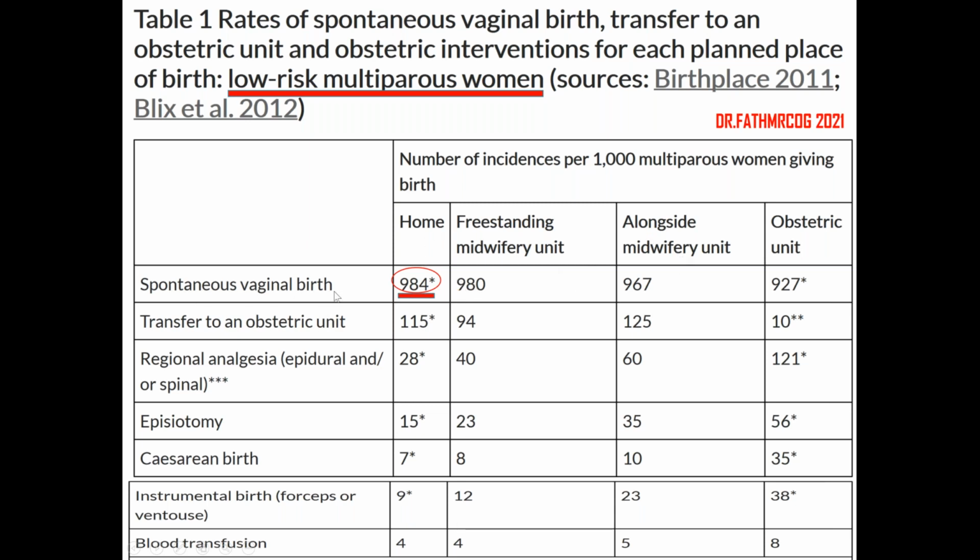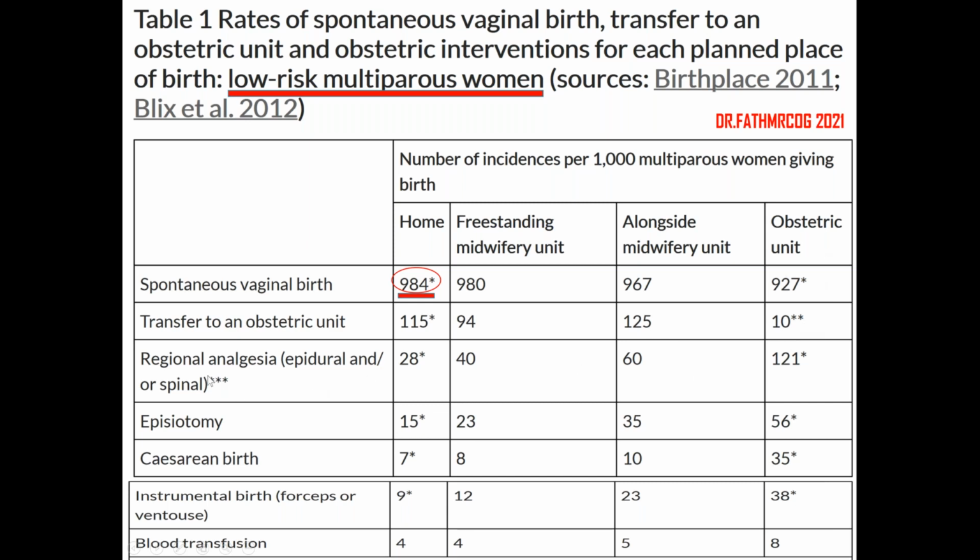And regarding transfer to the obstetric units, it is highest in home, and also in alongside units, and less in freestanding midwifery units. And definitely it is very low in obstetric units.